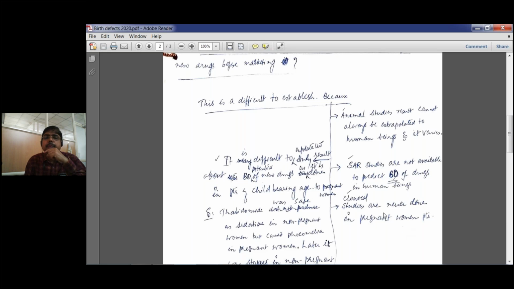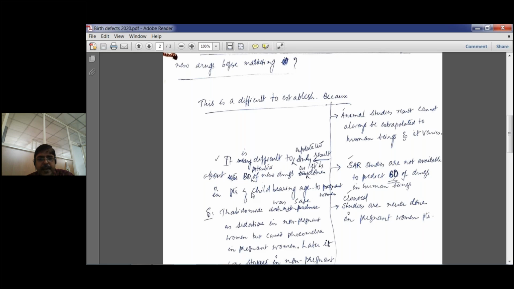The one more problem is that the study which is done in non-pregnant women, you cannot extrapolate it to pregnant women, because we know that adults are included in the clinical study, correct? So adults of either gender are included, male or female.